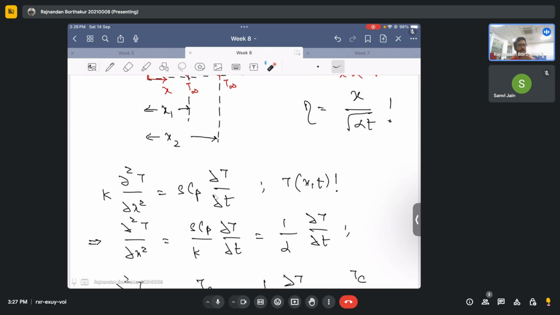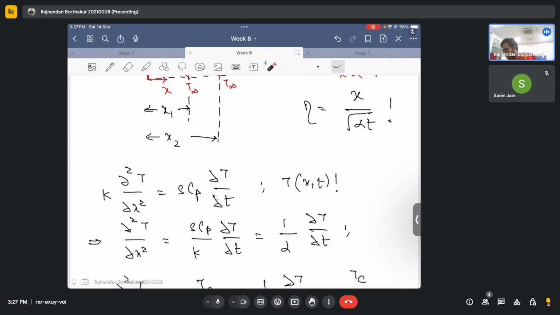But here, I know that the distance up to which the conduction wavefront would propagate inside a semi-infinite body is proportional to the square root of its thermal diffusivity times the time for which we keep the surface attached to the disturbance. Since we know that, we can use the similarity variable. I will not show the solution here. You have already derived that in the lecture classes, but this is the basic idea of why we use the similarity solution.